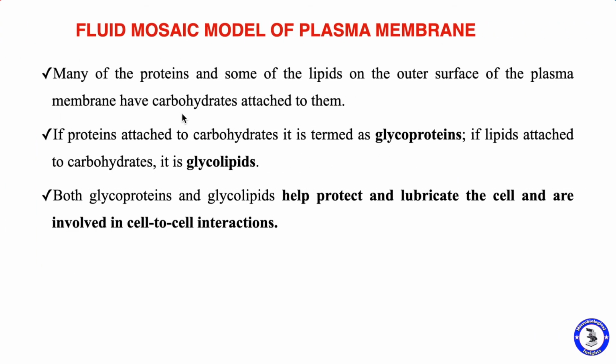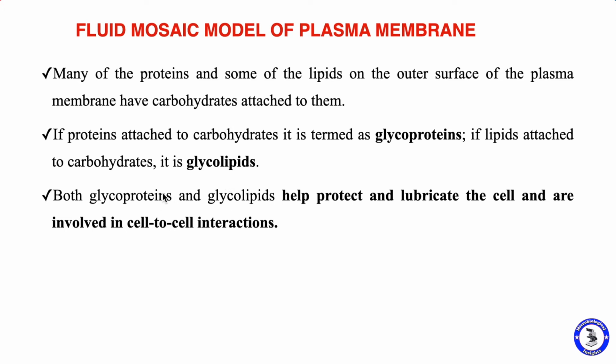And sometimes a carbohydrate molecule is attached to many of the proteins and some of the lipids. If the carbohydrates attach to proteins, we call them glycoproteins. And if the carbohydrates attach to lipids, we call them glycolipids. What is the role of these glycoproteins and glycolipids?